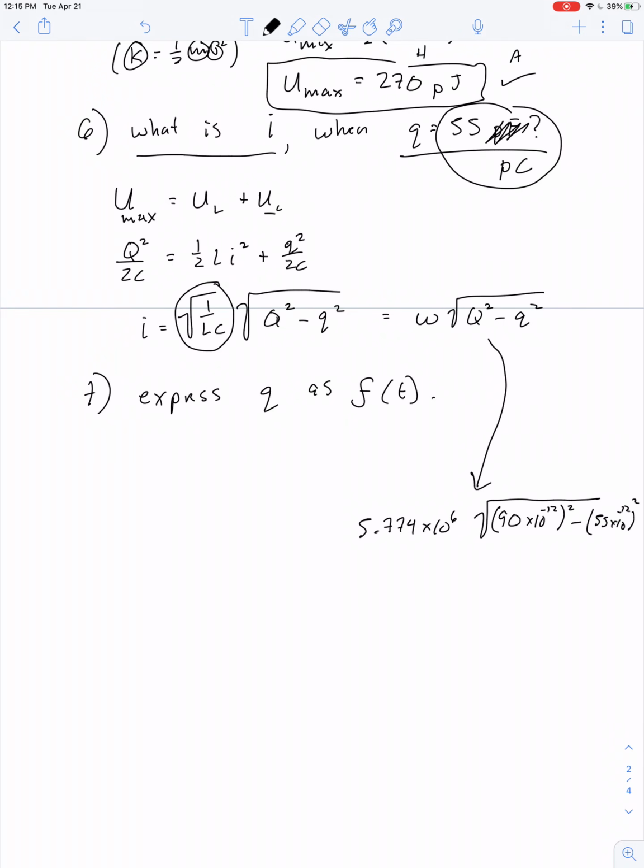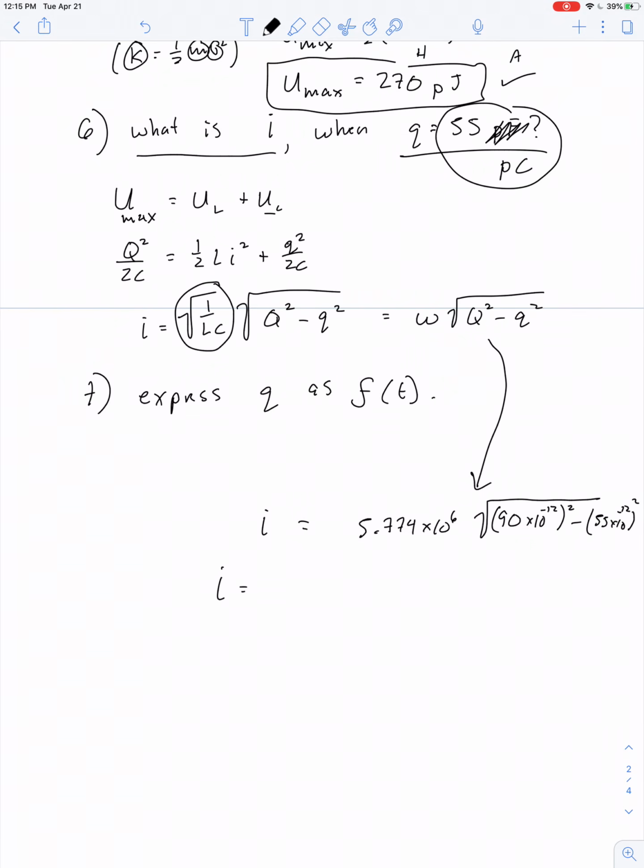Sorry if my writing's getting a little messy. So let's see what this comes out to. 55 picocoulombs squared subtracted from 90 picocoulombs squared.